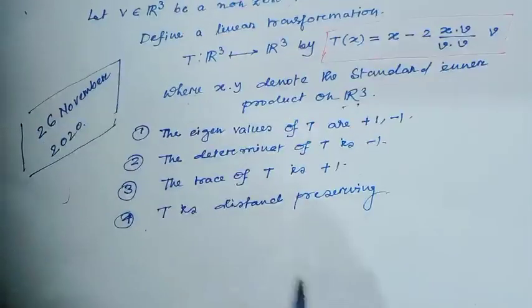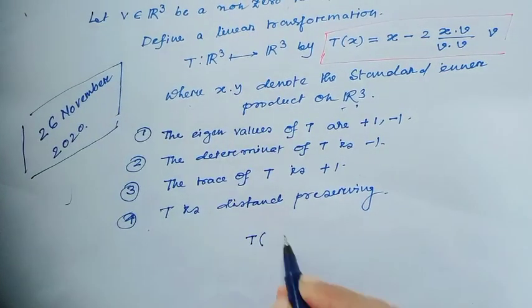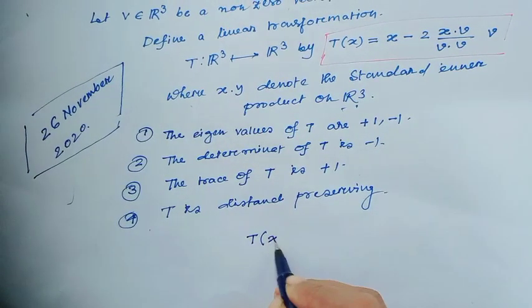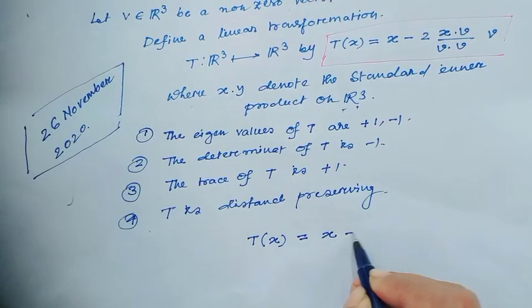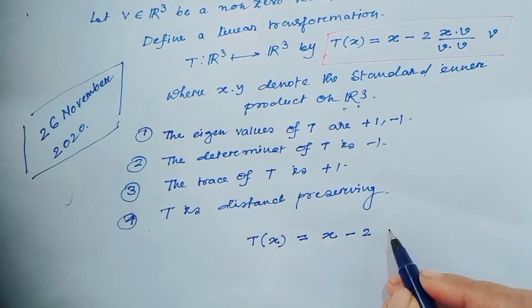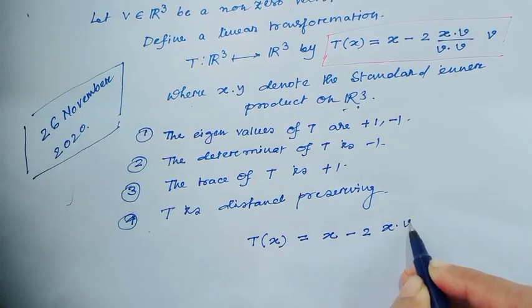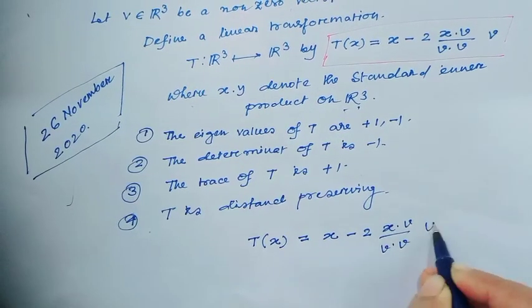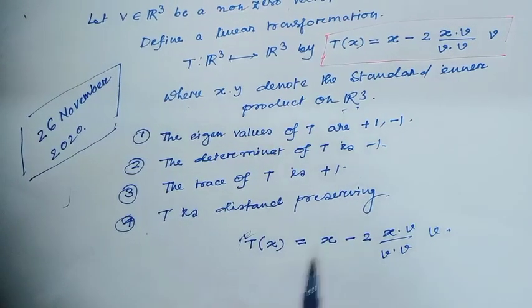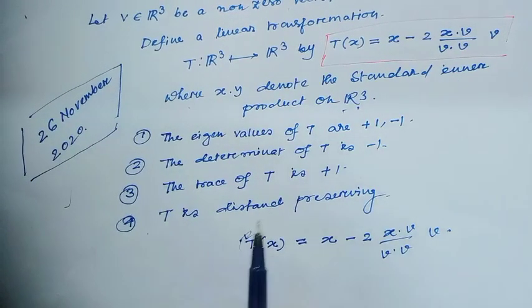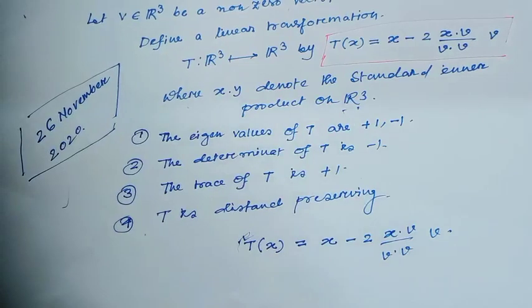For this, notice the linear transformation is denoted as T(x) = x minus 2 times (x dot v over v dot v) times v. Here we have to find the eigenvalues, determinant and trace of this linear transformation.